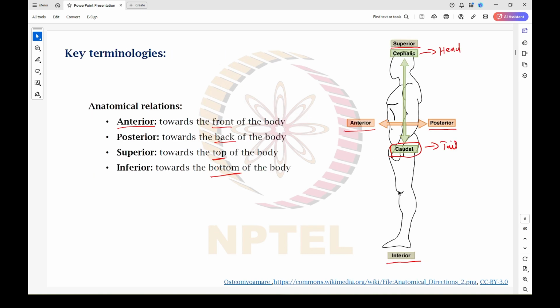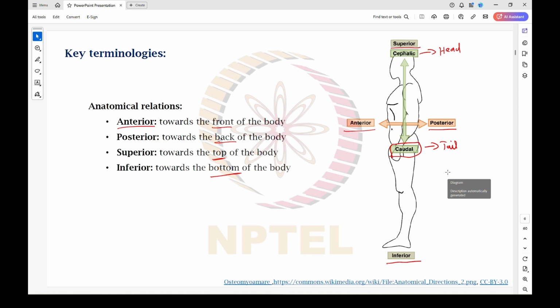Now the key terminologies. These are some of the anatomical relations. Whatever is up is called superior, and whatever is towards the feet is called inferior. Not necessarily these two extremes, but anything in between.